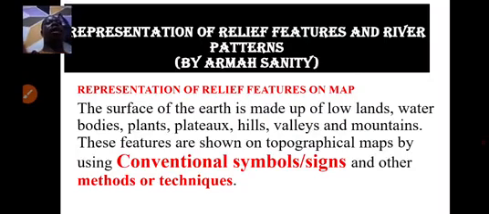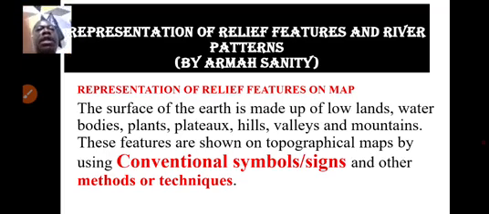Today we are going to look at how we can represent relief features on a map using the topo sheet and the conventional signs. Now, the surface of the earth, as you all know, is made up of lowlands, water bodies, and highlands or other things. All these features on the land are shown on topographical maps by using conventional symbols or conventional signs and other methods or techniques.